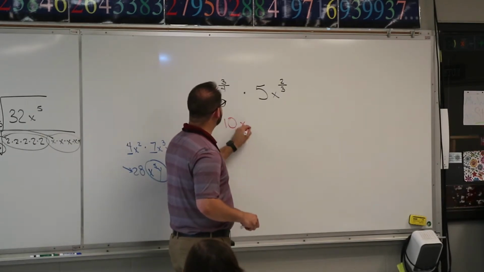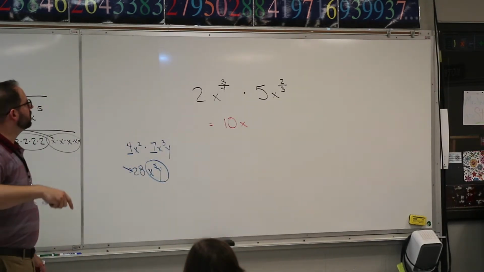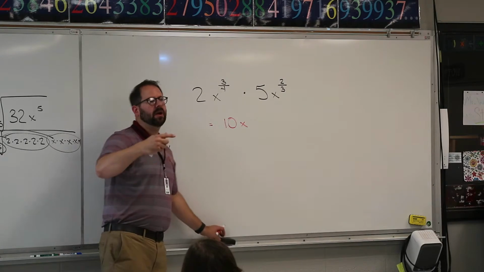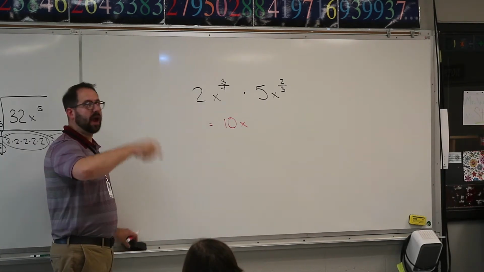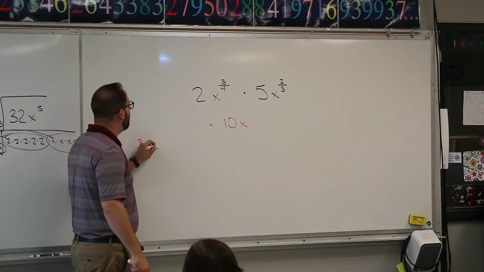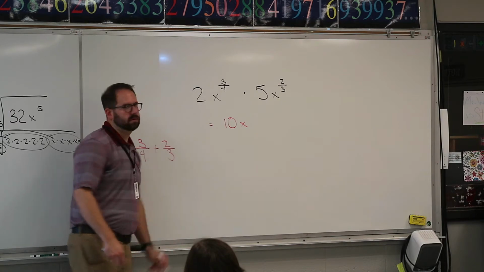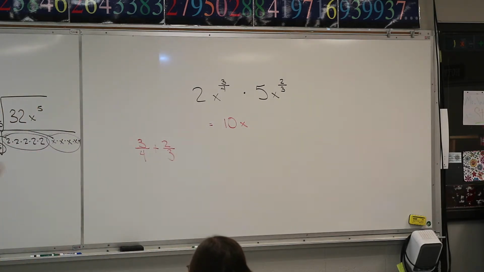For the x's, you have to add the powers together. So I have to add not a full x, but a fraction of an x. I have 3/4 plus 2/3 of an x. It's not quite a full x. So what do we have to do? Same denominator.